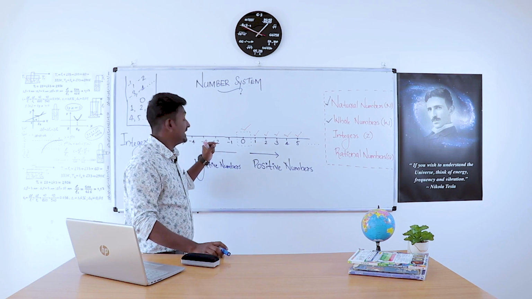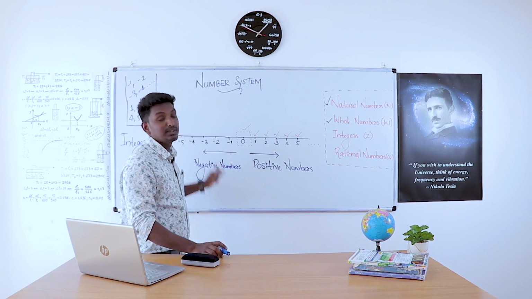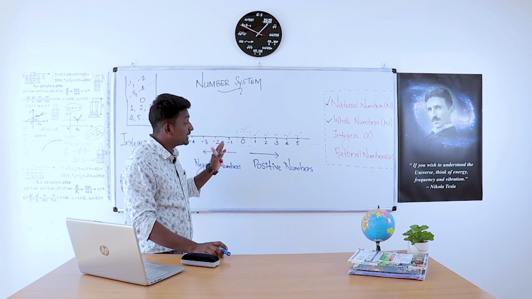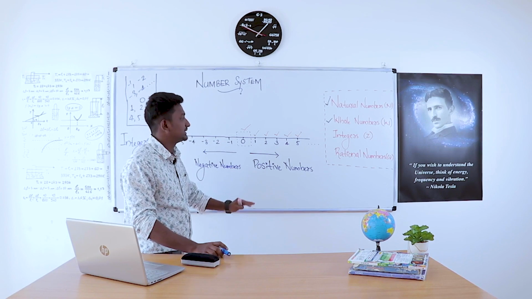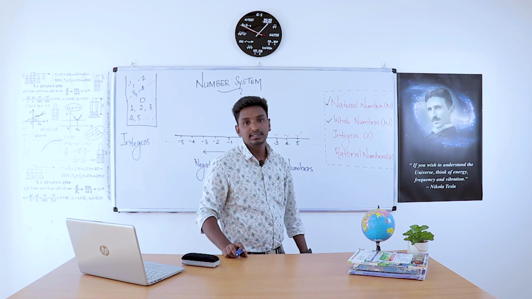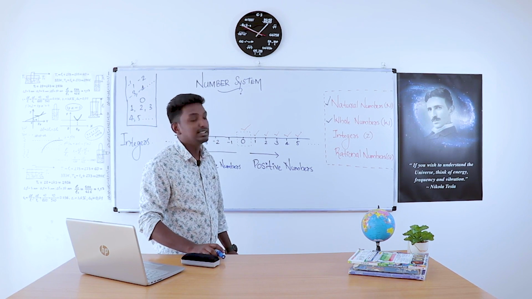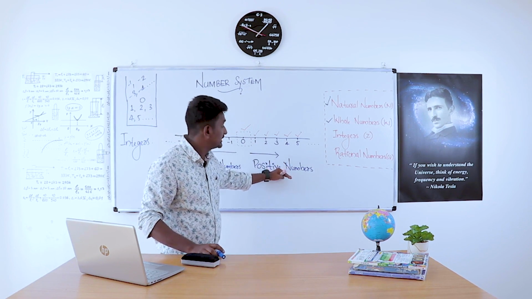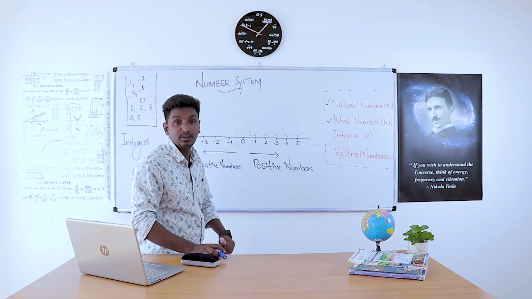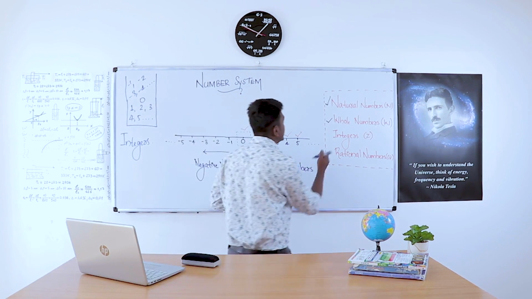When you see negative integers, then it is -1, -2, -3, -4, -5, etc. And when you see only integers, represented by the letter Z, then we can say that all the positive numbers, all the negative numbers and 0 together constitute integers, represented by Z.